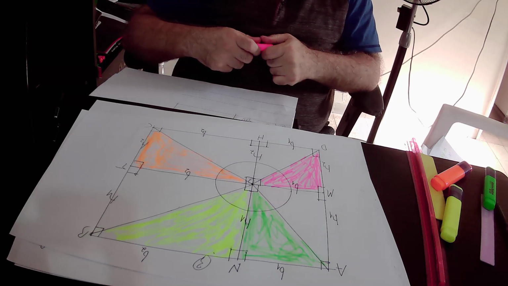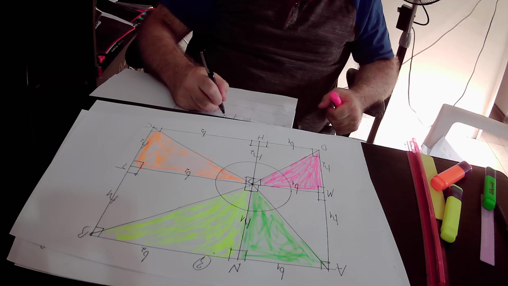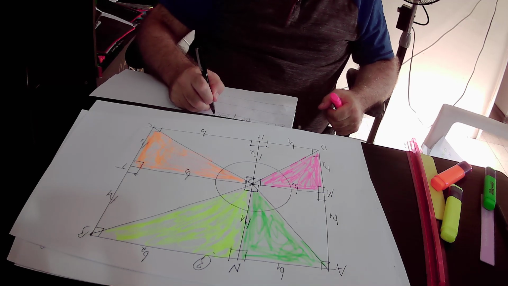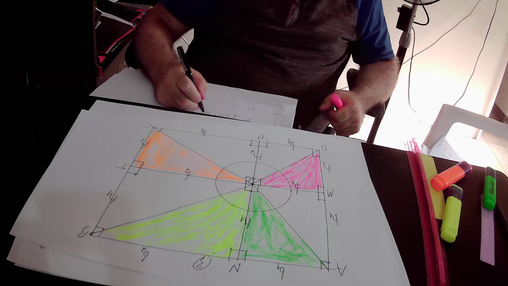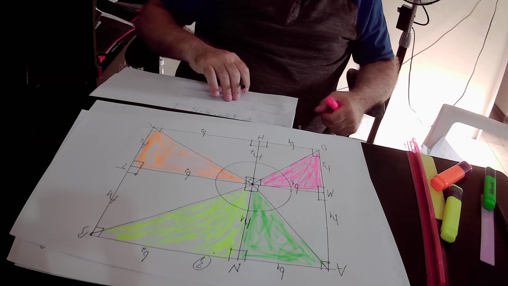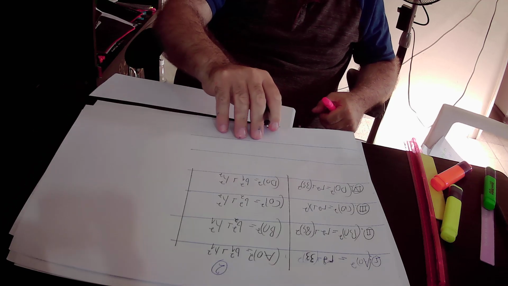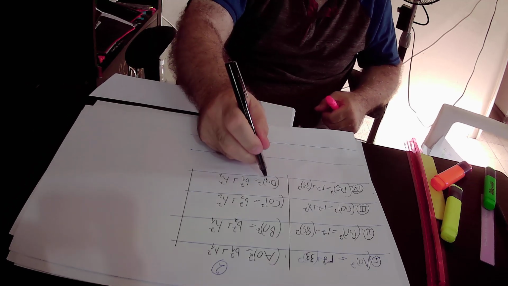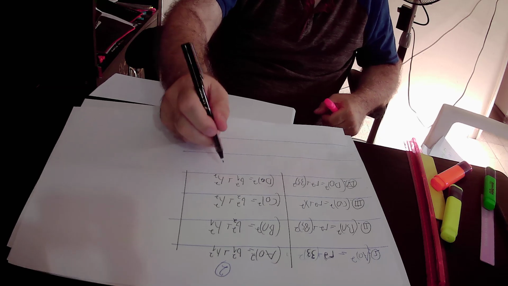On the right pink triangle OMD, according to the Pythagoras theorem, we get that DO squared equals B1 squared plus H2 squared. I repeat again, in the right pink triangle OMD, DO squared equals B1 squared plus H2 squared.